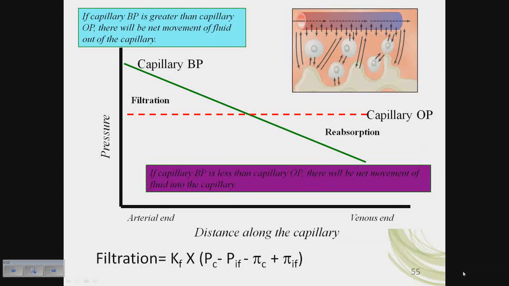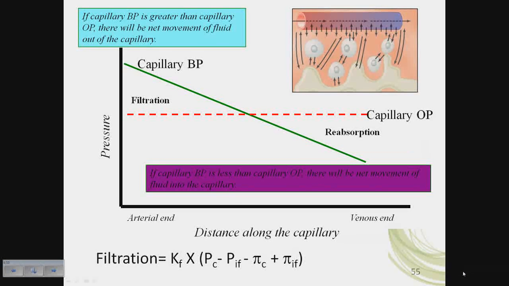Let's play with the 2 biggies. The 2 forces that have the strongest effects are going to be the capillary hydrostatic pressure and the capillary colloid osmotic pressure.